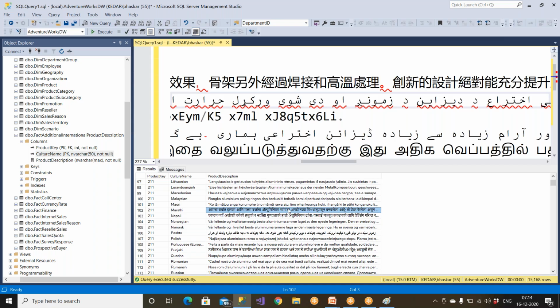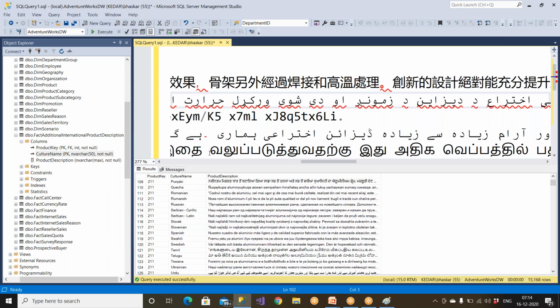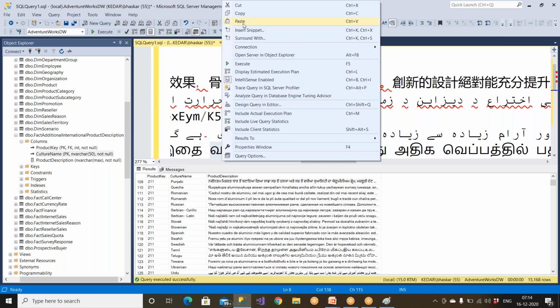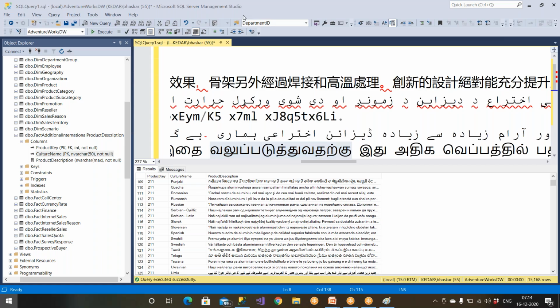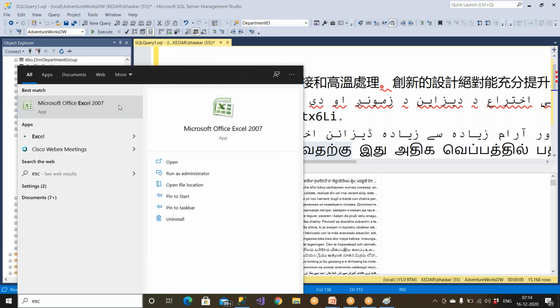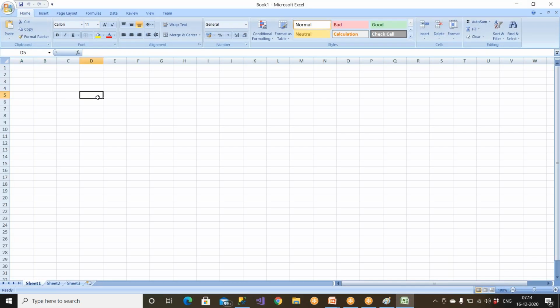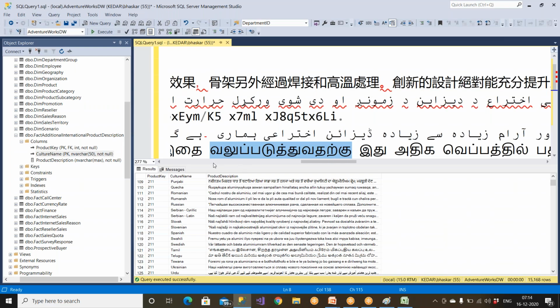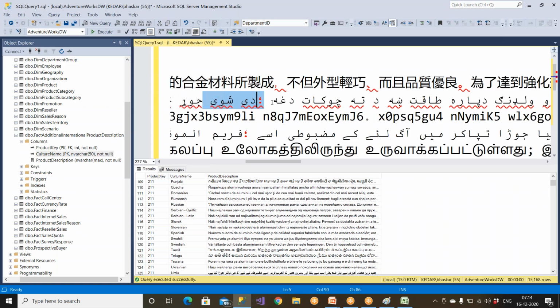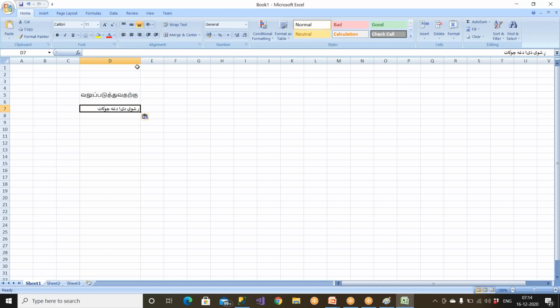So today, not only SQL Server, Oracle as well. I wanted to take this data. Let me show you. Let me copy this data and open Excel. You think that Excel may take only English data always? You can also store your own languages here. So this is one language data. Let me copy this and put it here.